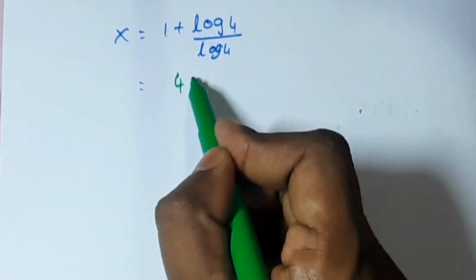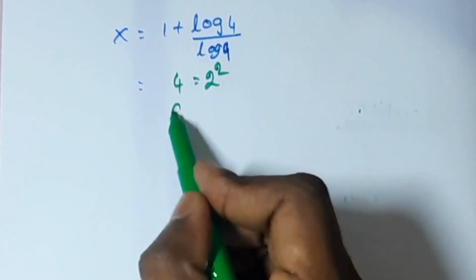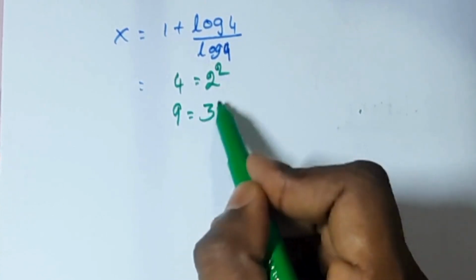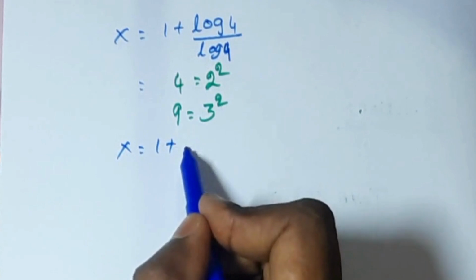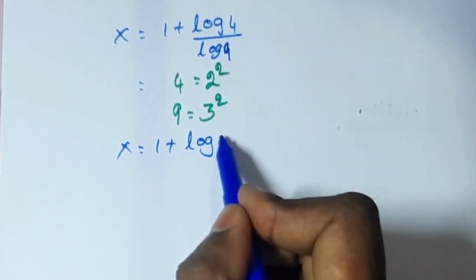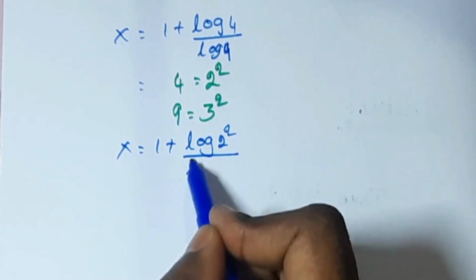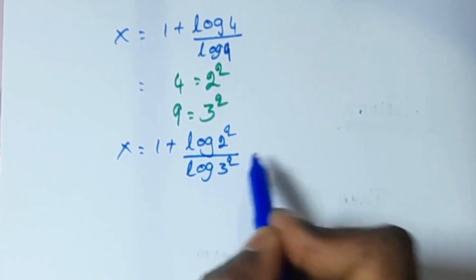4 can be written as 2 square, and 9 equal to 3 square. Now x equal to 1 plus log 2 square by log 3 square.